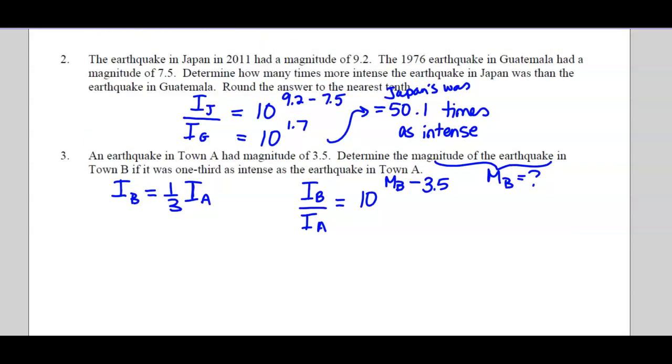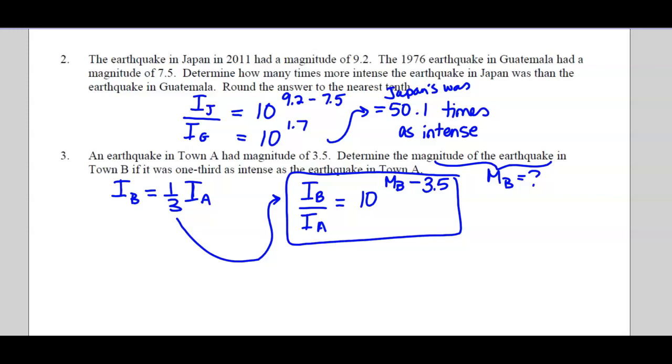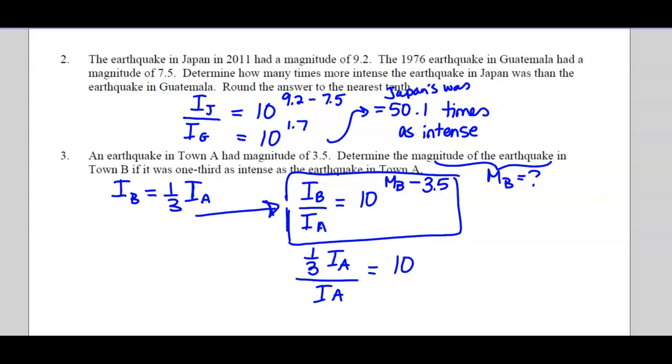That's just our equation from what we initially know without putting this in here. Now I can either substitute 1/3 IA in there, or you could solve for IA and put it in terms of B, totally up to you. But I'm going to substitute. So now this is going to be 1/3 IA. If you know it's going to be 1/3, then just put it in, but some of you might want to do the substitution.